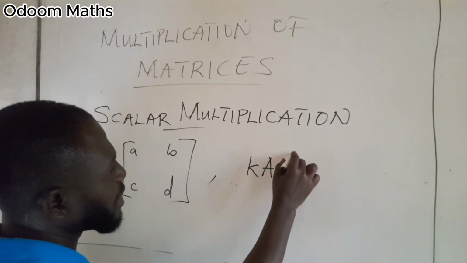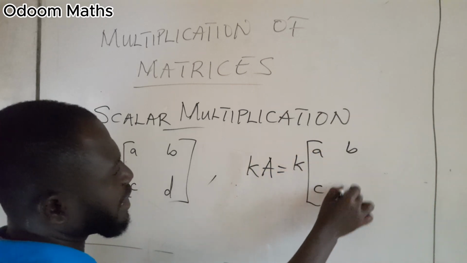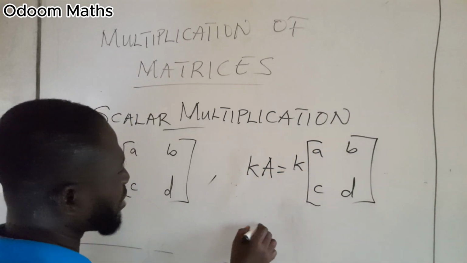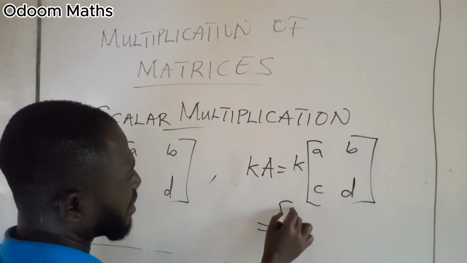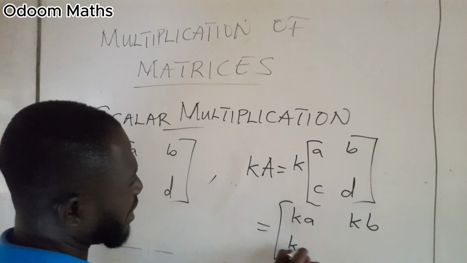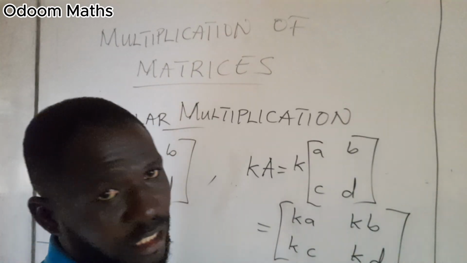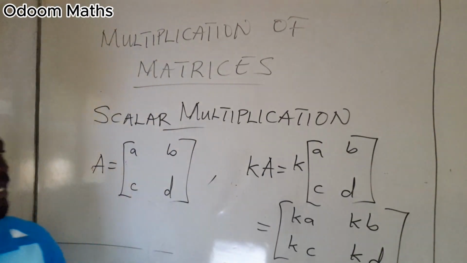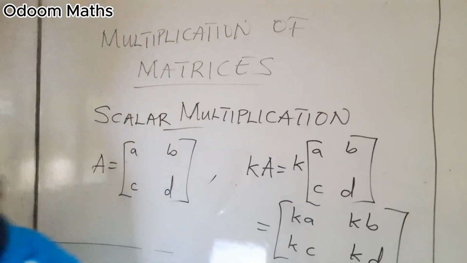So that is going to be K times the matrix A, B, C, D. I am going to get the answer to be KA, KB, KC, and then KD. Okay, so this is about scalar. You just take the number to multiply each element of the matrix.